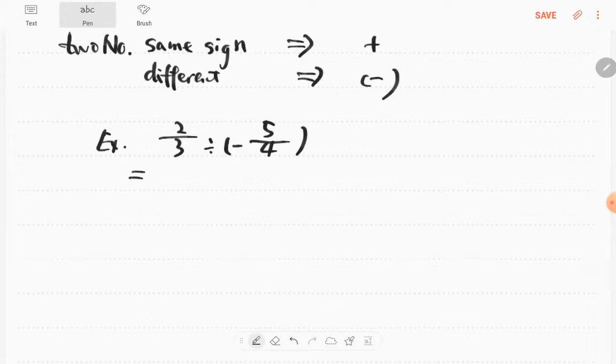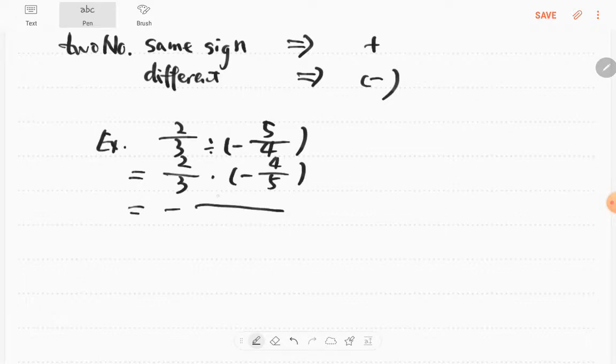So we can treat it like 2/3 times the reciprocal. So that will be flip it, times -4/5. After that, we know positive, negative, our answer will be negative. 2 times 4, 3 times 5. So our final answer will be -8/15.